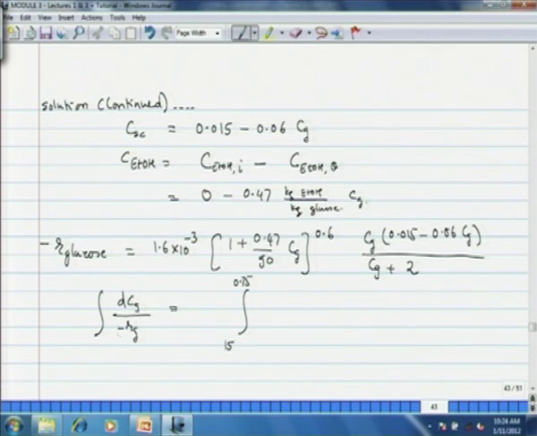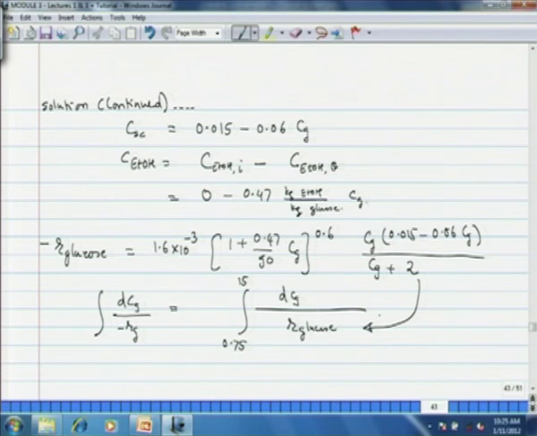Now, if you absorb this minus sign, then the limits get exchanged. So we absorb the minus sign and exchange the limits, dCg divided by R glucose, which is this expression.